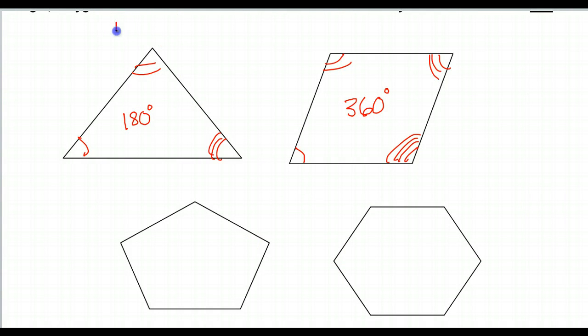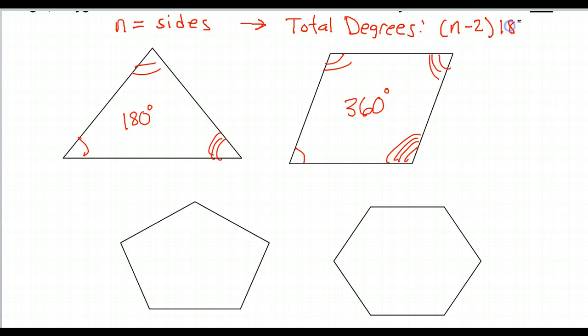If we let n be the number of sides, then the total degrees can be found by the formula n minus 2 times 180.